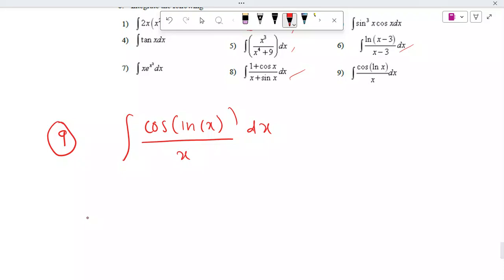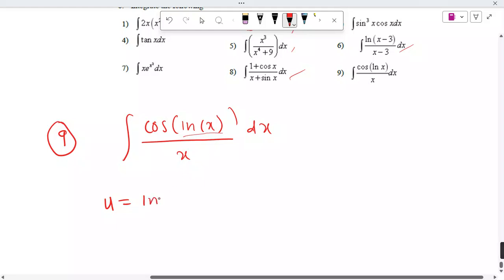Let's see what substitution can do. Of course we know this violates our earlier discussion that the powers of x have to differ by 1, but this is a special case. So we'll say u equals what is inside the brackets here, so we'll say ln x.